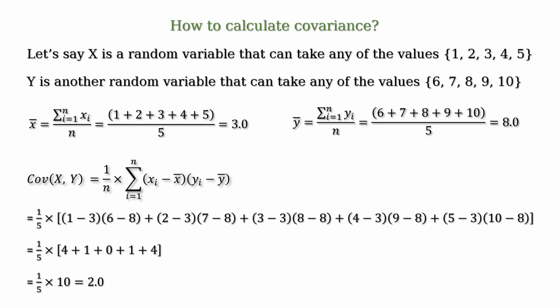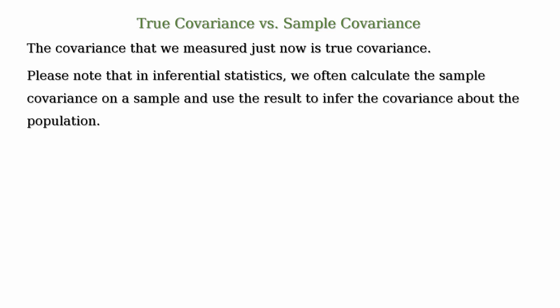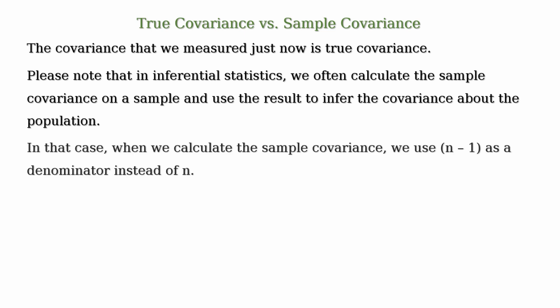The covariance that we measured just now is true covariance. Please note that in inferential statistics, we often calculate the sample covariance on a sample and use the result to infer the covariance about the population. In that case, when we calculate the sample covariance, we use n-1 as a denominator instead of n.